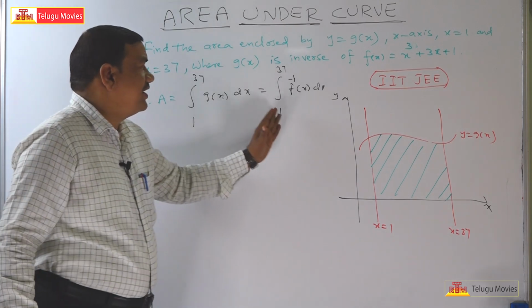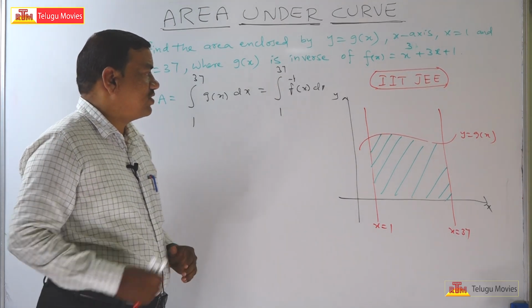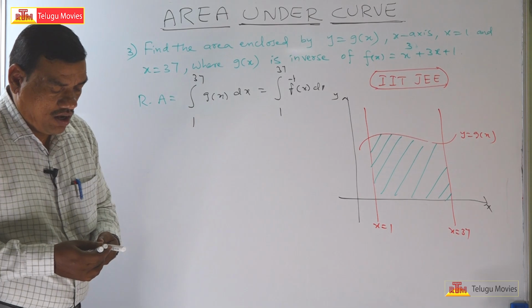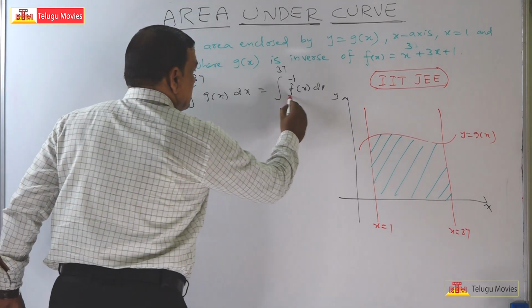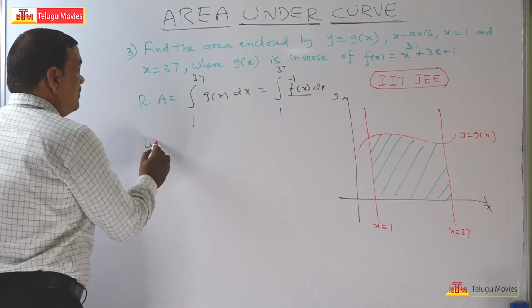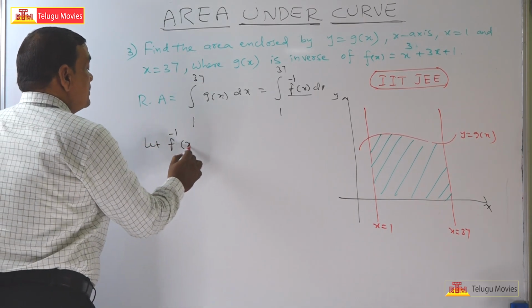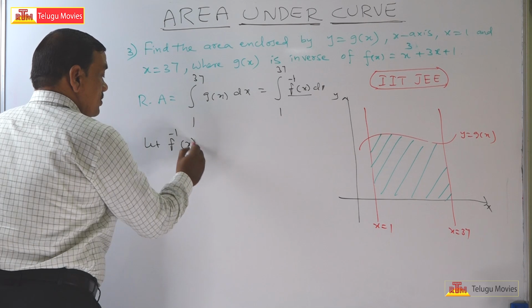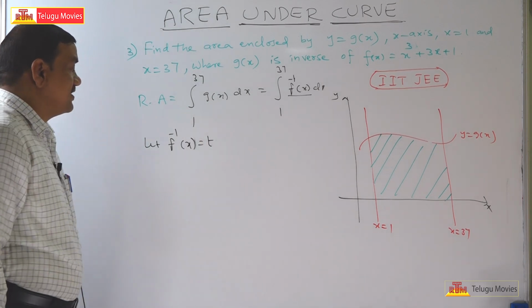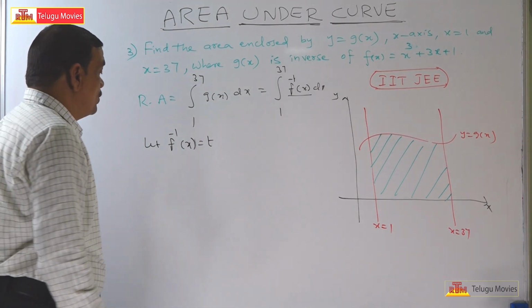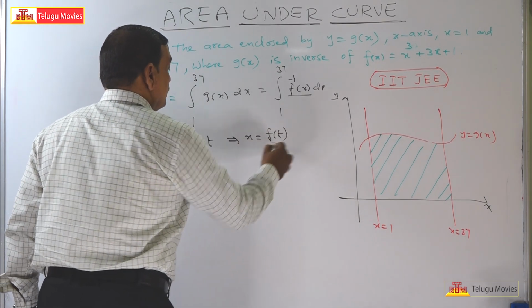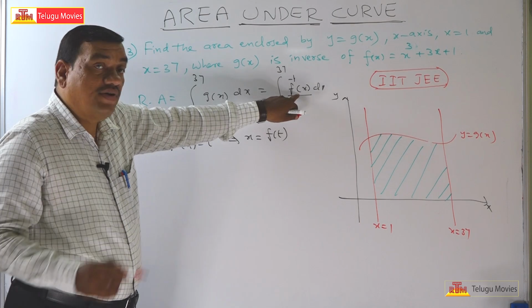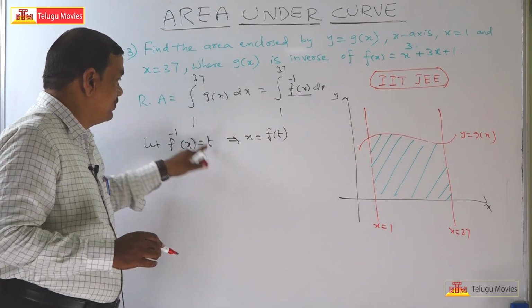Then how to find the integral from 1 to 37 of f inverse of x dx? For that, let us move to the substitution method. Let f inverse of x is equal to t. So, this implies x is equal to f of t. In place of f inverse of x, we will substitute t.